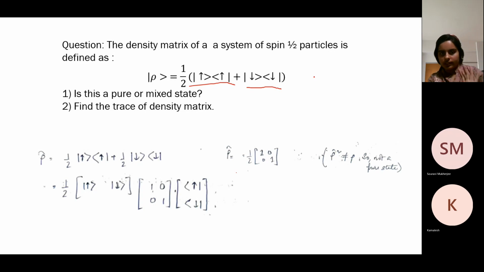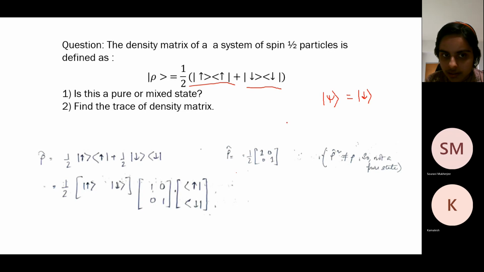No. Okay, let us see how to do it. You are told that the only state the system is in, the microstate, is the down state, right? So what will be your psi? Your psi is only the down state. This is your psi, right? Now what is your rho?